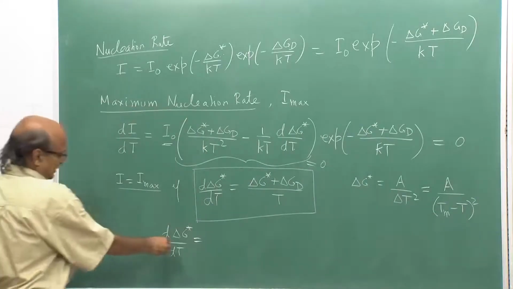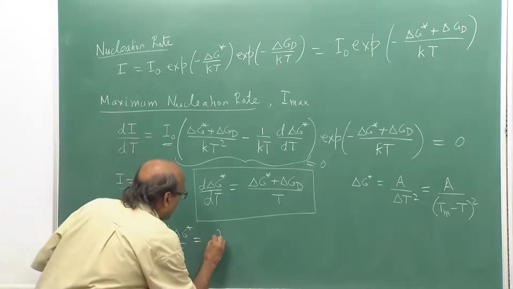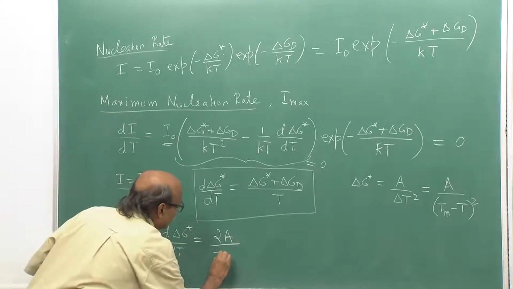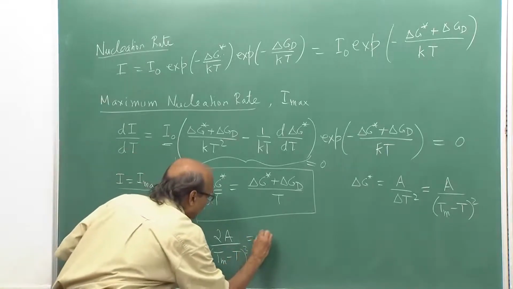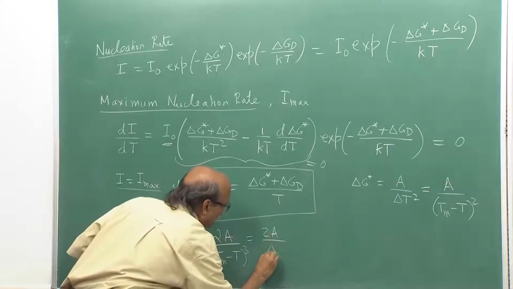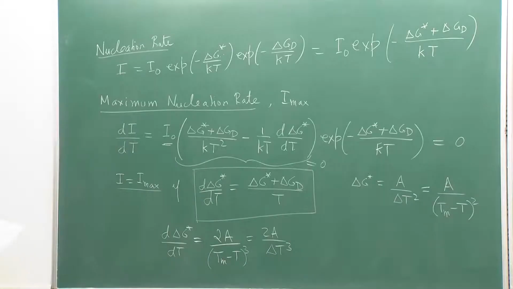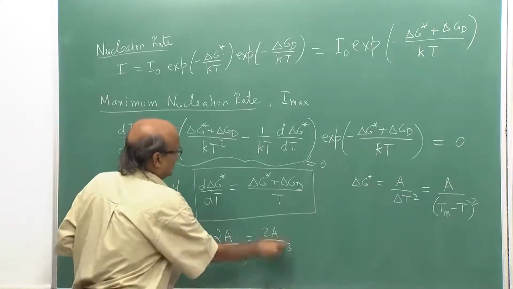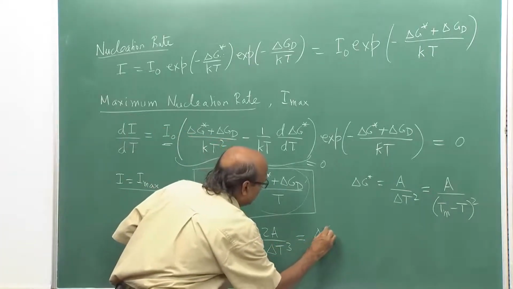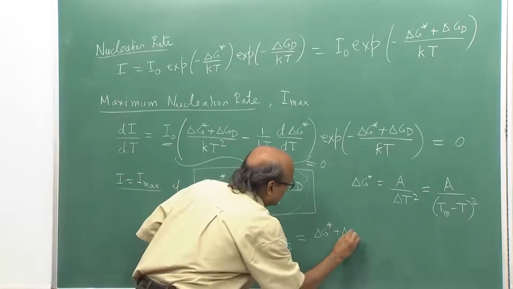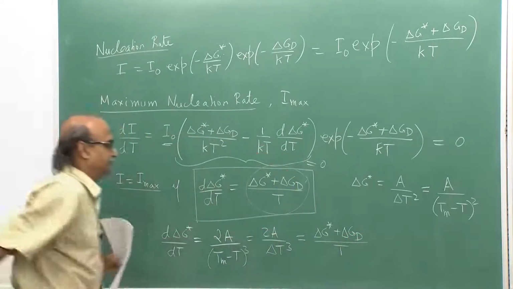So, d delta G star upon dT would be equal to 2A upon (Tm minus T) cube, or simply 2A upon delta T cube. So, this 2A upon delta T cube should be equal to this quantity, (delta G star plus delta GD) upon T.